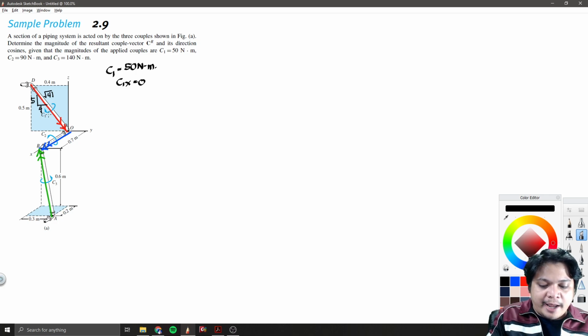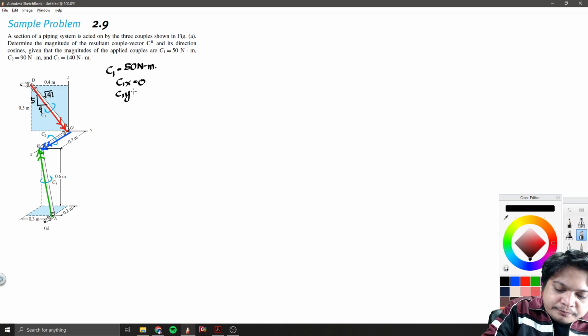Now, for the Y, C1Y, ito yung horizontal component. Kasi ito yung Y ko eh. So, horizontal component siya ng C1. Tapos, it is directed to the positive Y. So, you will be having here positive 4 all over square root of 41 and then multiply it by 50.